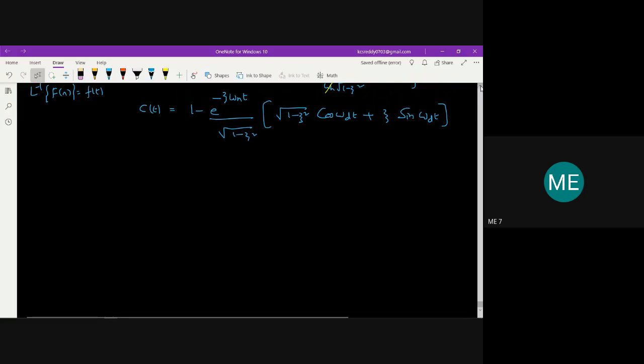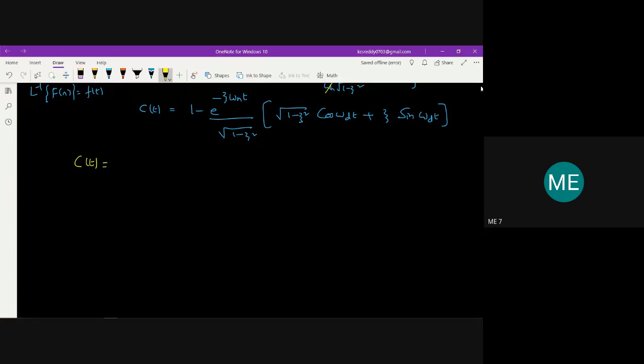Right. So c of t is equal to, see here, I know that sine of a plus b is equal to sine a cos b plus cos a sine b.